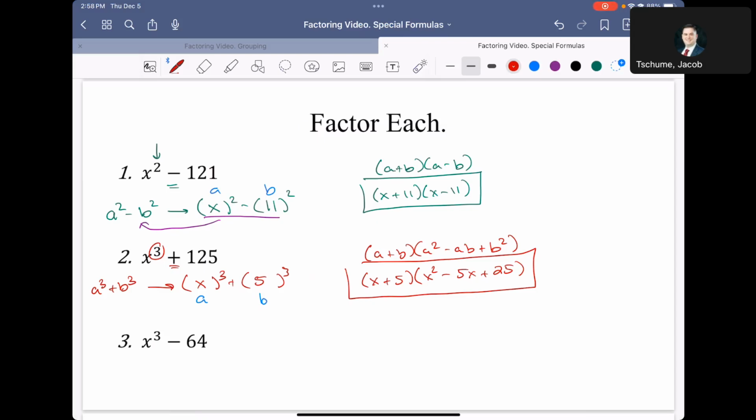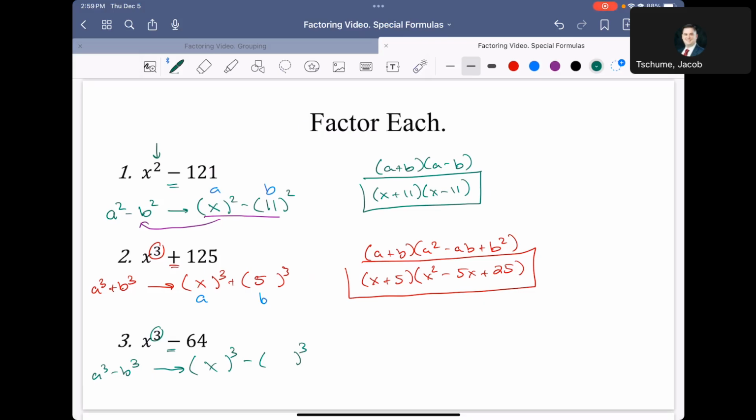Difference of cubes is very similar, so I'll go through the same process here. Once again, you notice that there is a cube term and there's subtraction. So I'm trying to match this into the form a cubed minus b cubed. Once again, think about what numbers you have to plug in to make it match the original problem. What cube gives you x cubed?